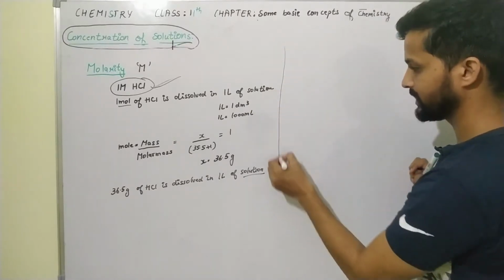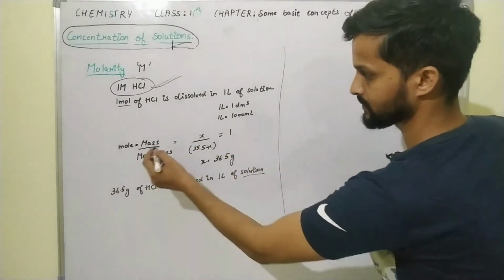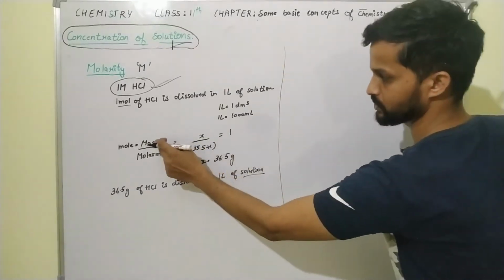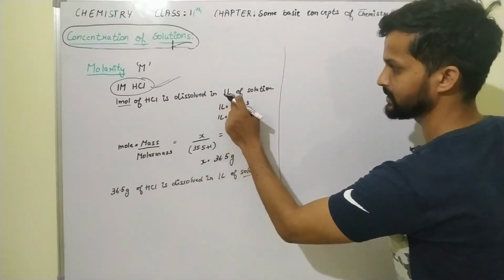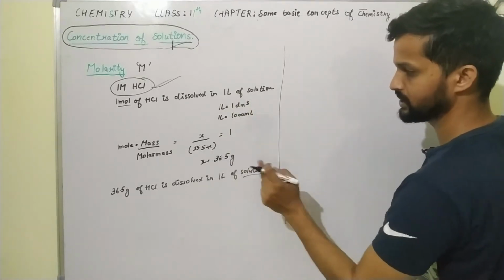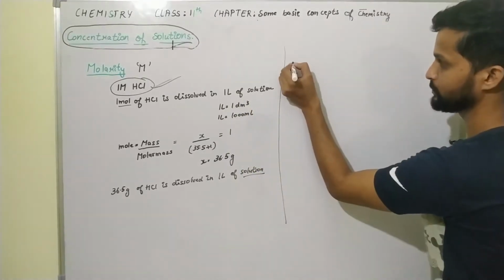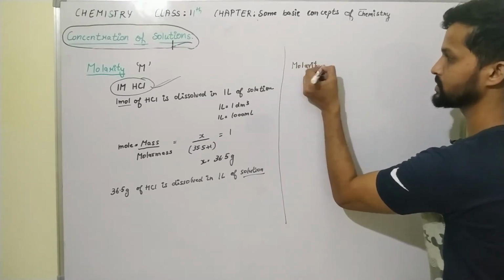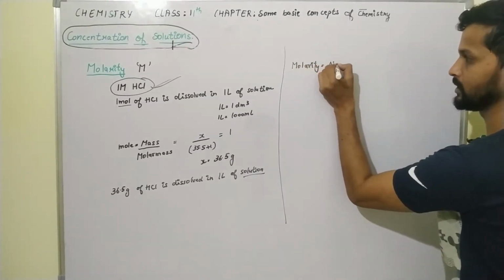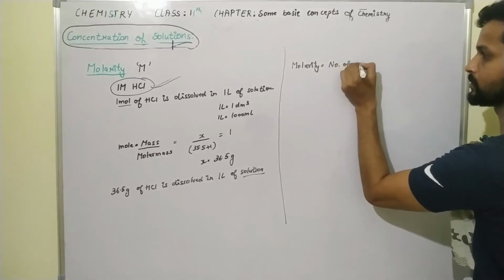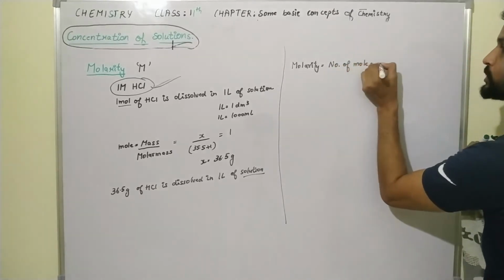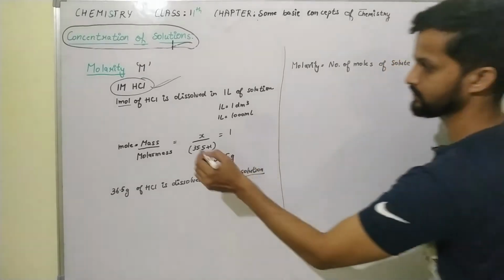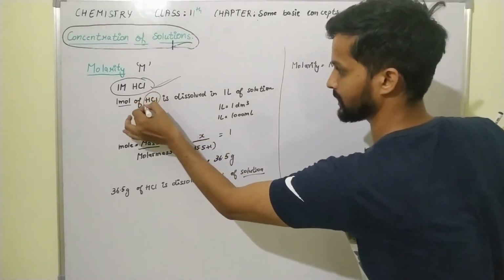So here what we get is the definition. Here mole is equal to given mass by molar mass, in 1 liter of solution. So the molarity definition will become: molarity is equal to number of moles of solute. Clear? Here our solute is HCl.